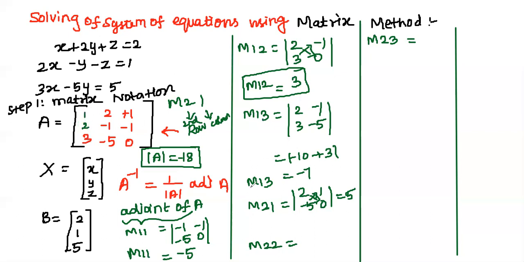And for M22, minus 1 is present in the second row and second column. After that you are left with 1, 1, 3, 0. So that will be minus 3. Understood? Yes, ma'am.